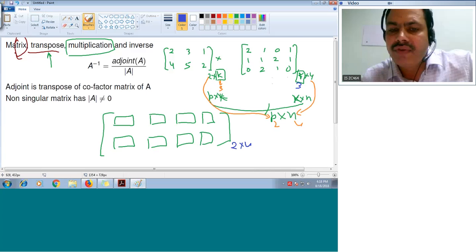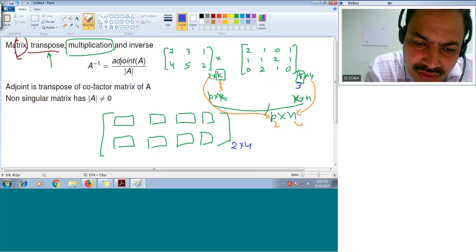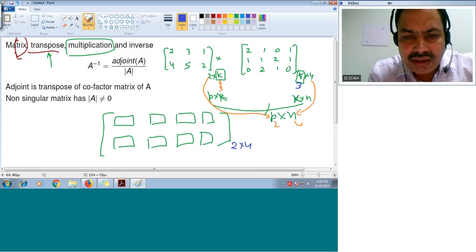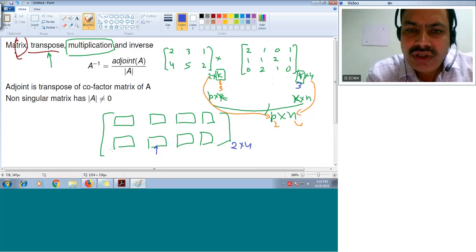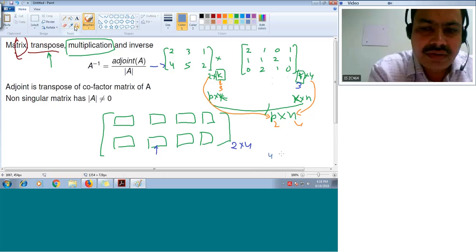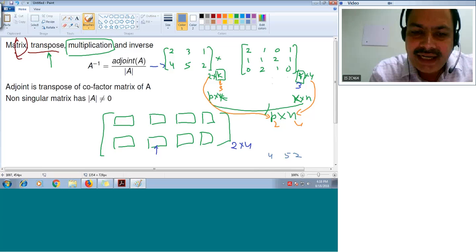Okay, and now how to find this value? Let me find out this value. It comes into the second row, so you take the second row from here. What are the items? 4 5 and 2. Since the row number is second, take the second row from here.